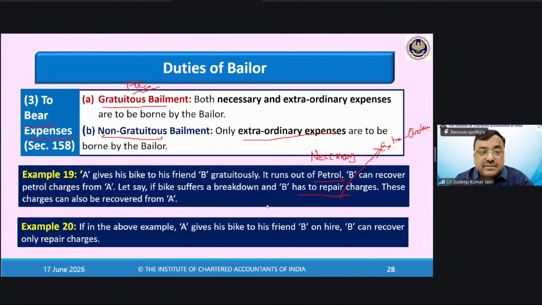Please read these examples 19 and 20. Note down, in case of gratuitous bailment, the bailer has to bear all the charges, necessary and extraordinary. But in case of non-gratuitous bailment, the bailer is liable to pay only the extraordinary expenses.